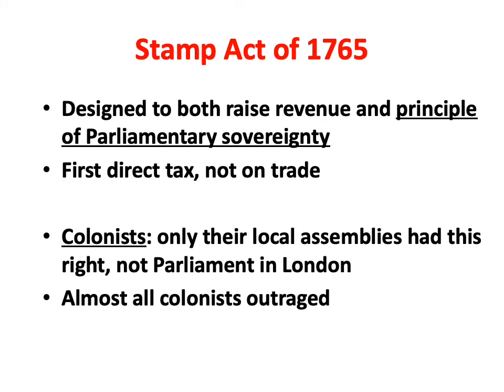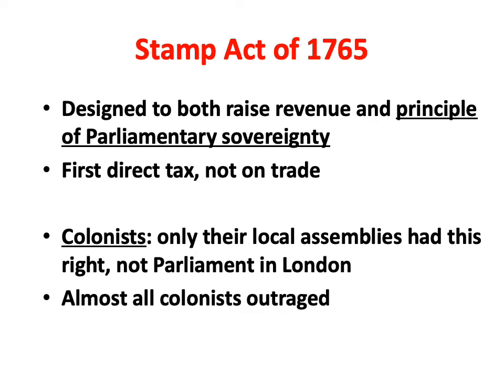In 1765, only 2 years after the end of the French and Indian War, Parliament passed the Stamp Act, which was designed to raise revenue in the British colonies to help Britain pay the huge debt it had incurred in the French and Indian War, and also to assert the all-important principle of parliamentary sovereignty vis-a-vis the colonies. In other words, the British Parliament in London, even though it had no representatives from the colonies, had the right to impose taxes.